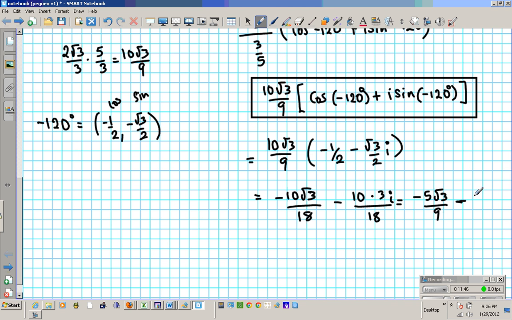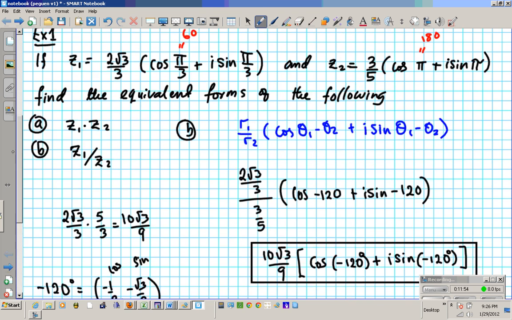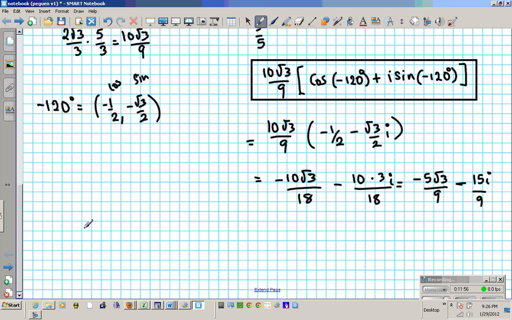So minus 15i over 9. Okay? Now, why did I do 5 times 3? Because 2 goes into 10 five times, and 2 goes into 18 nine times, right? So we're going to do 5 times 3, 15, and then we're left with 9 on the bottom. So there goes your answer in rectangular form.